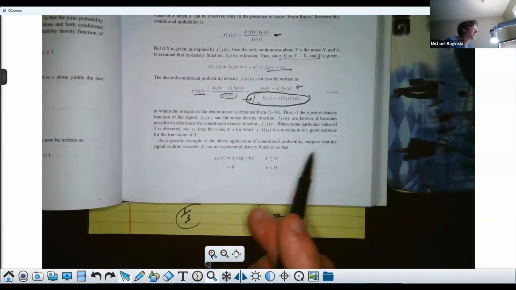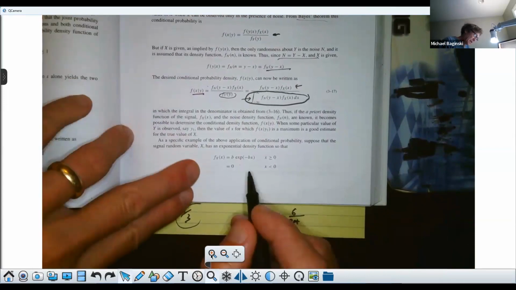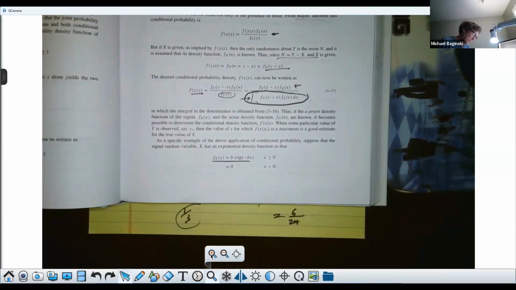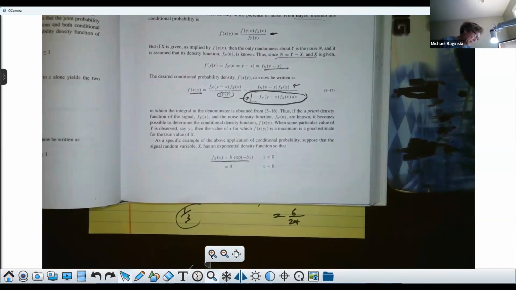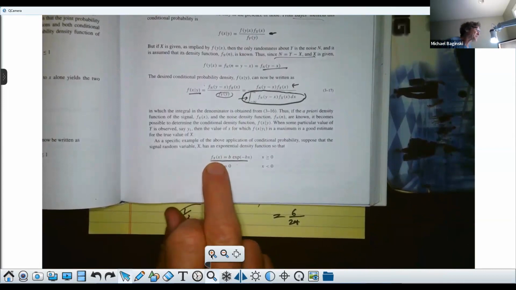I'll admit, until you see some of this stuff work, it's a little confusing. So he gives you an example right here. F of x is b times the exponential of minus b of x. I want to work some more problems in class for sure on Wednesday with this. Now remember, he's given you the statistics of x.